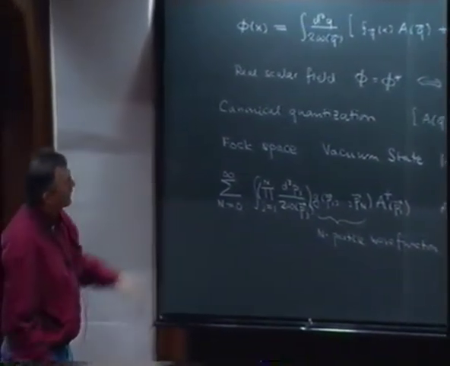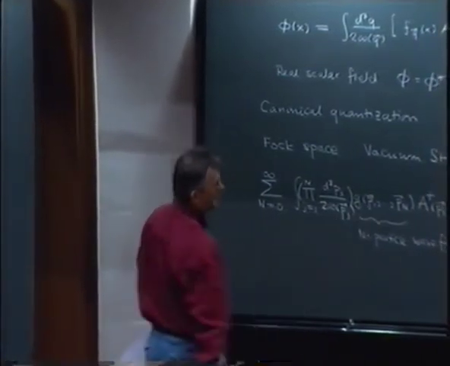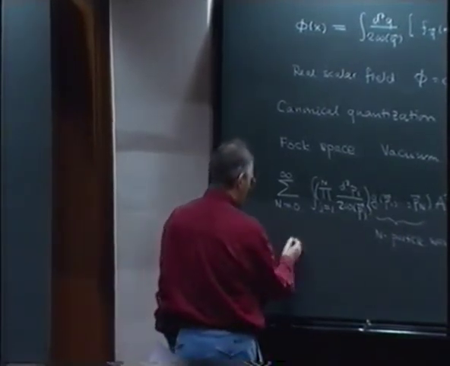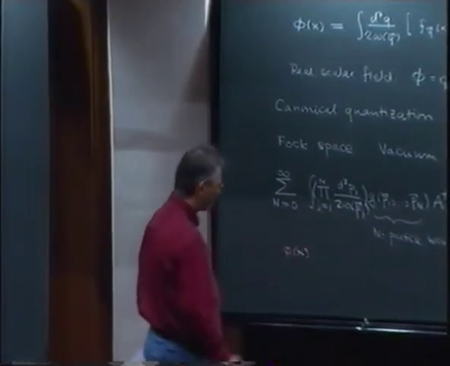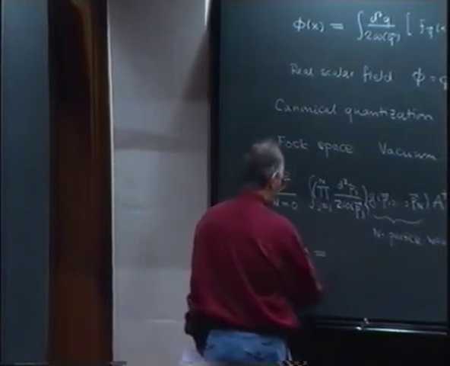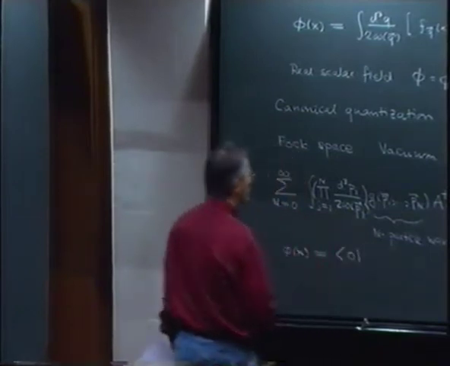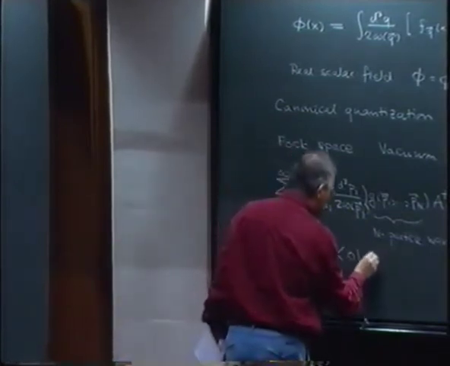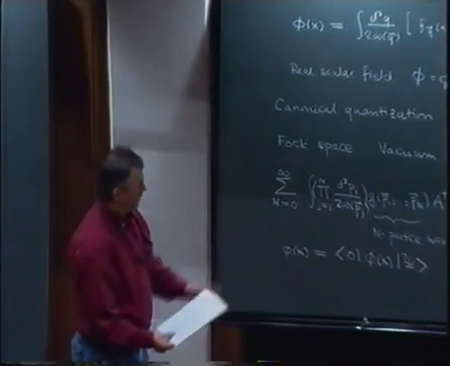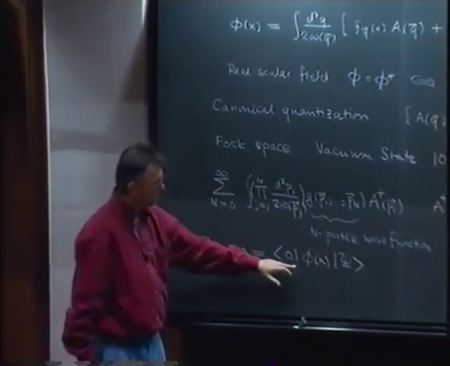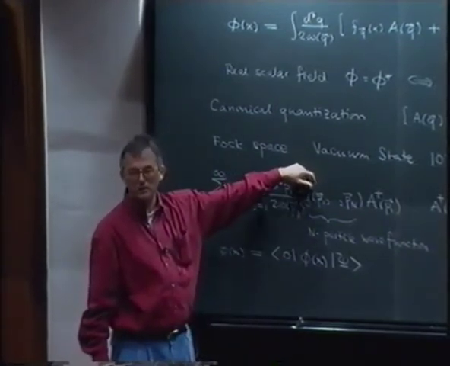You can get it from here, because if you take this state, and you take a matrix element, if you define a function phi of x in the following way, now this is a classical function, this is a wave function if you like, by taking a matrix element of, say, this operator between this n particle state and the vacuum, then what will happen is that this will project out the one particle wave function that's contained in this state.